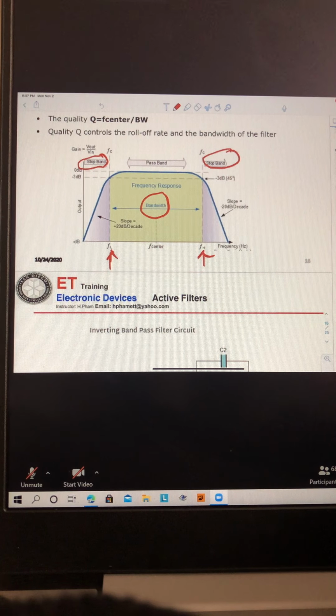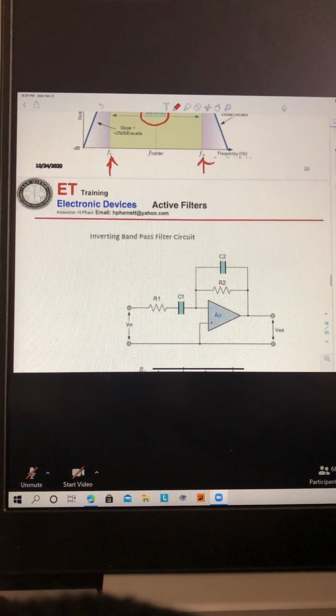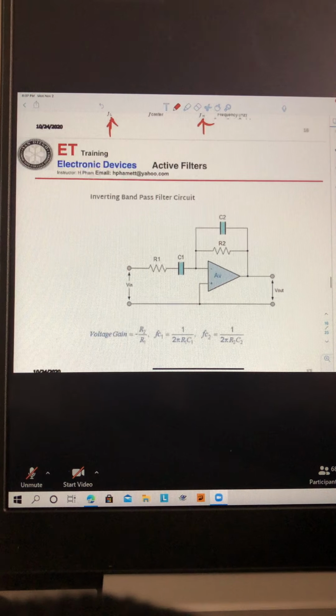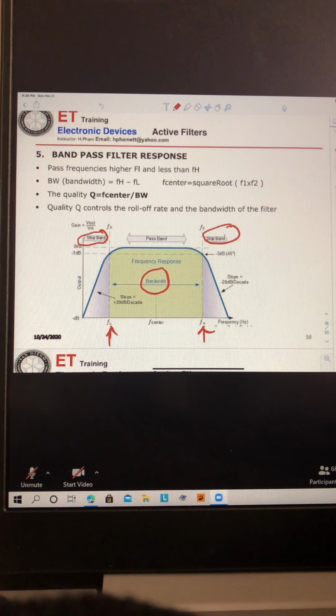Any question on this? Filters are not hard to do. I have a question, Mr. Pham. For the low pass and high pass, as far as connecting them in the circuit, does it matter which one is at the input or the output?